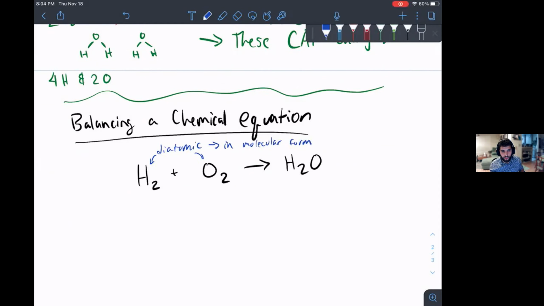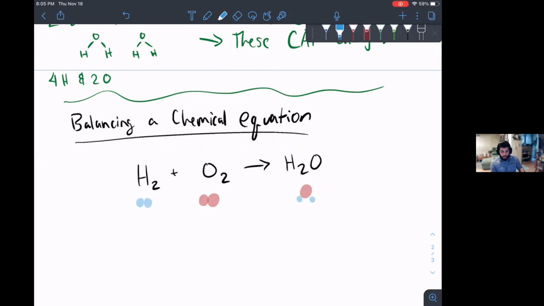Diatomic, di meaning 2 atoms. But that's not super important right now. So it's H2 plus O2 makes H2O. We'll draw the H2, then the O2, and then the final thing, H2O.